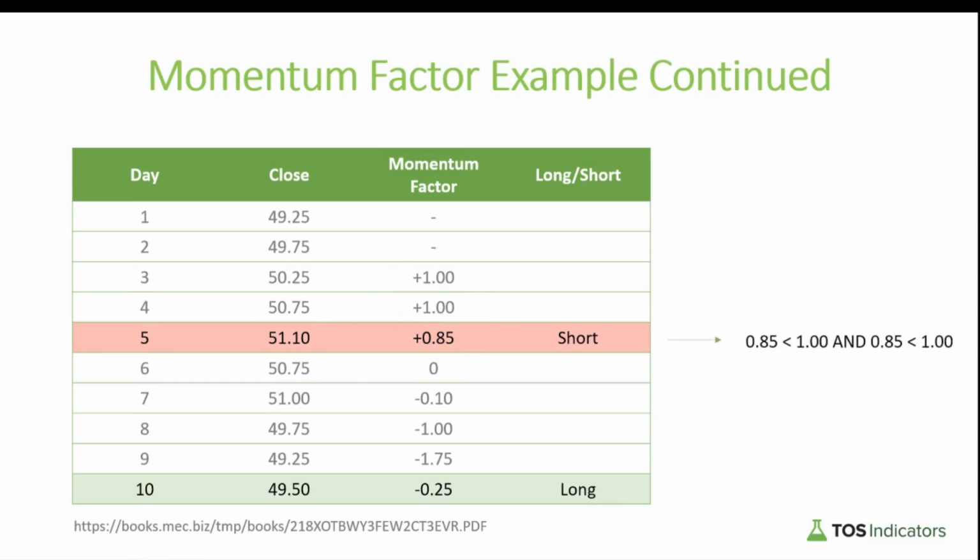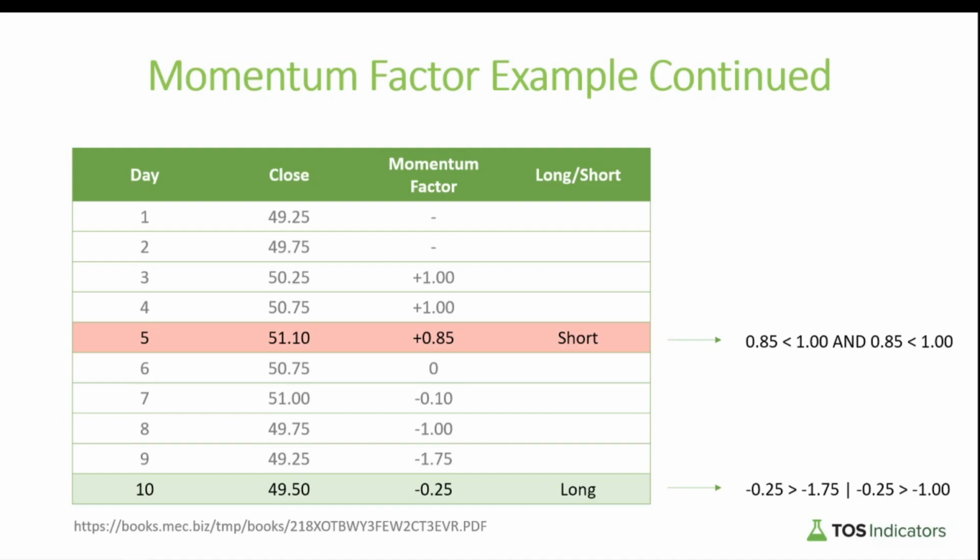And so that's where we get the momentum factor here suggesting that we should be going short since we have the momentum factor being less than the previous 2 days. Now in the scenario of a long, that's day 10 in which we see that we have a momentum factor of negative 0.25, which is greater than both negative 1.75 and negative 1.0, but it did not need to be greater than both of them. As long as it was greater than either day 9 or day 8, that momentum factor would trigger into a long entry.